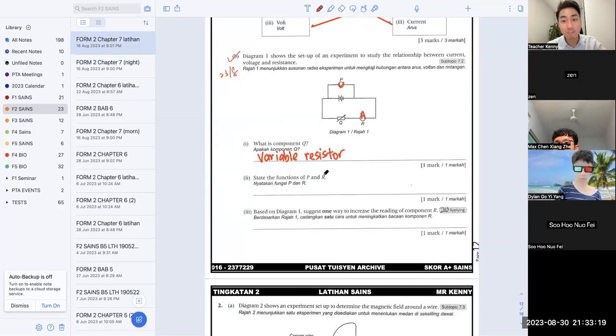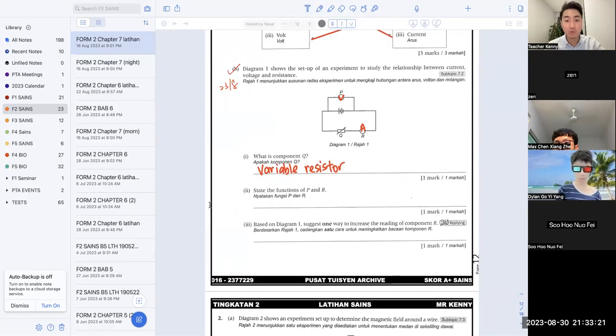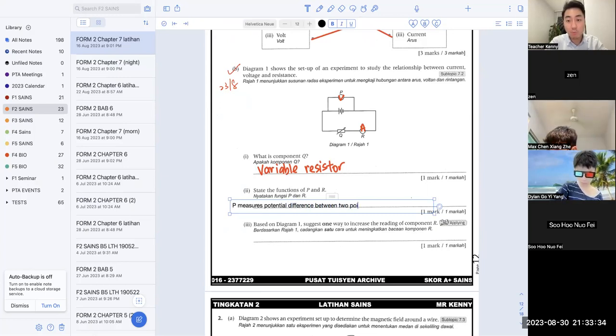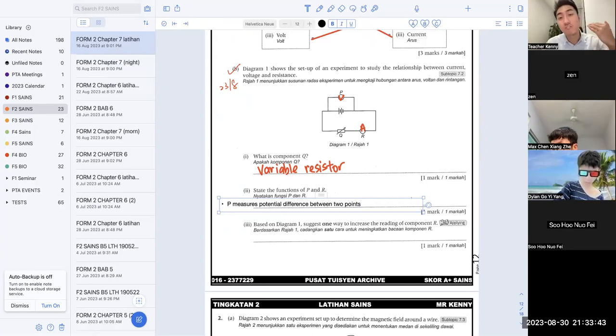State the function of the voltmeter. Voltmeter is to measure what? P measures the potential difference between 2 points. In other words, P measures voltage. But at this level, since your textbook replaces the word voltage with potential difference, we use the term potential difference, in a circuit.